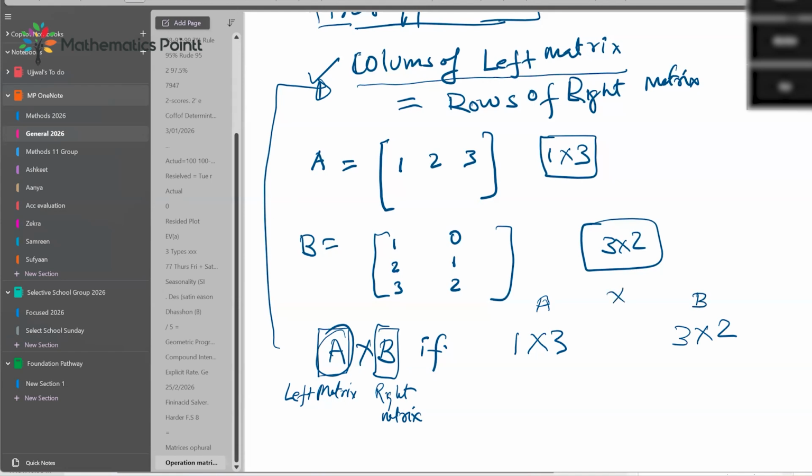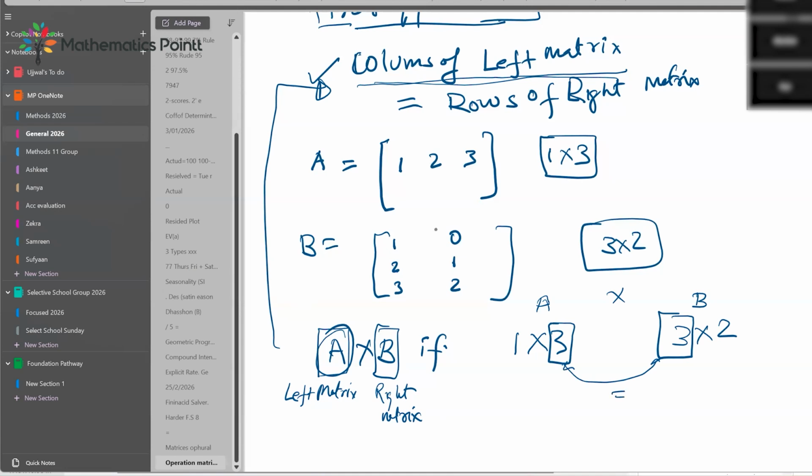The condition says that the columns of the left matrix, how many columns do I have in the left matrix? 3 columns. They should be equal to the rows of the right matrix. So here 3 is equal to 3.